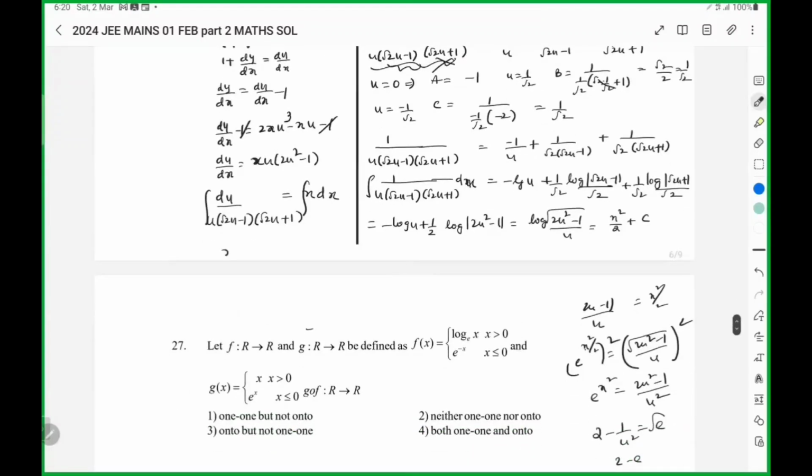When x is 0, u becomes 1. Then here it is log of 1 by 1, c becomes 0. So then log of root 2u square minus 1 by u becomes x squared by 2.